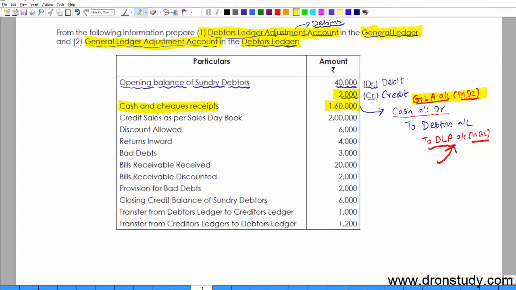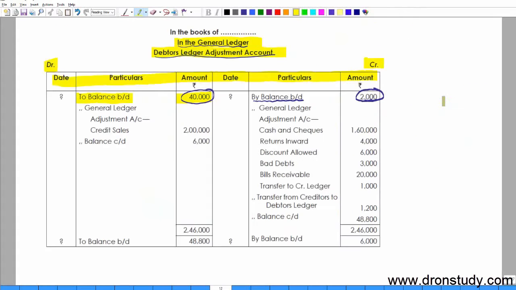Now what is the second aspect? In general ledger we have to credit debtors ledger adjustment account, right? In general ledger there is a debtors ledger adjustment account, and that should be credited by general ledger adjustment account. So now we'll go to general ledger.